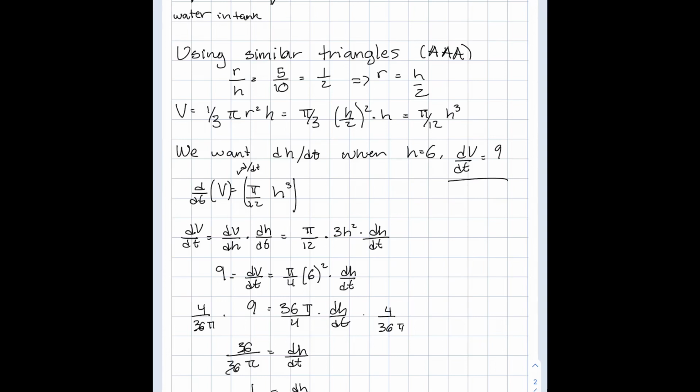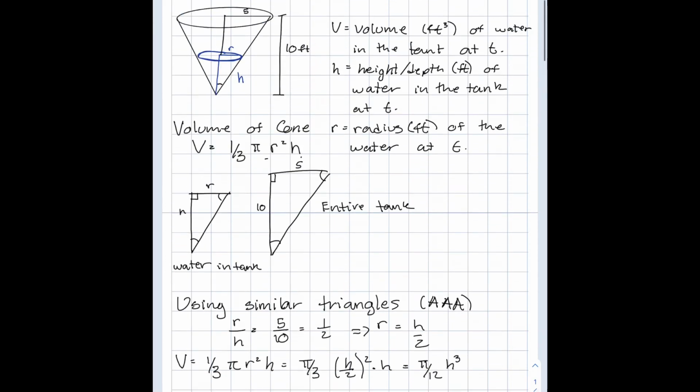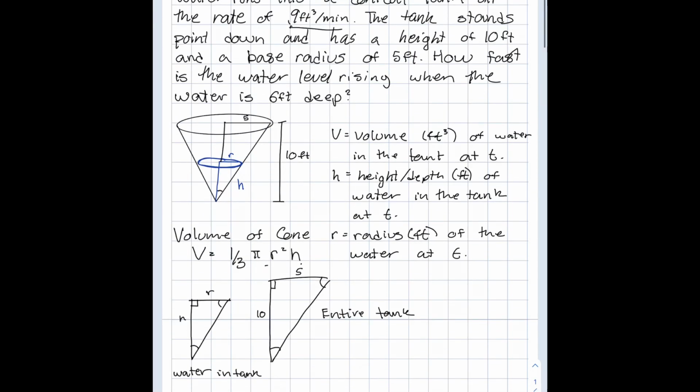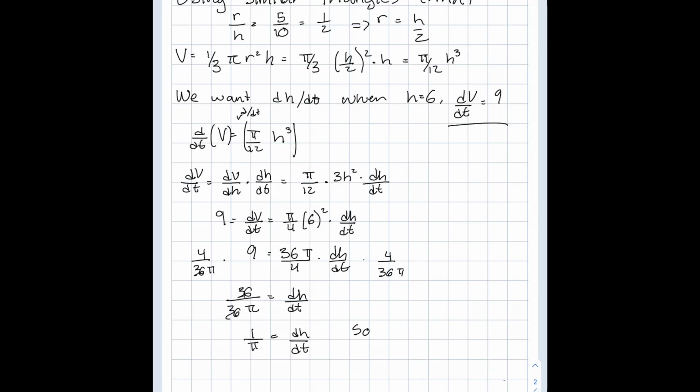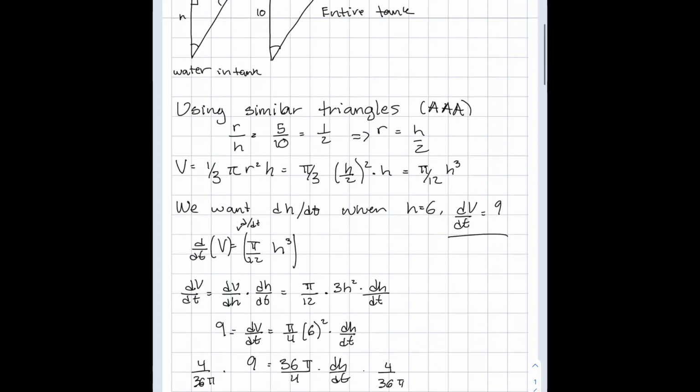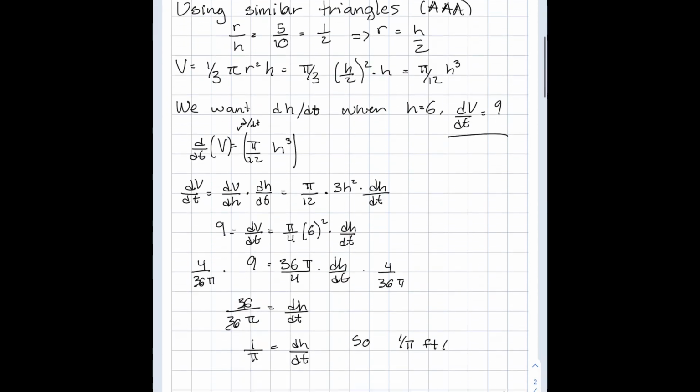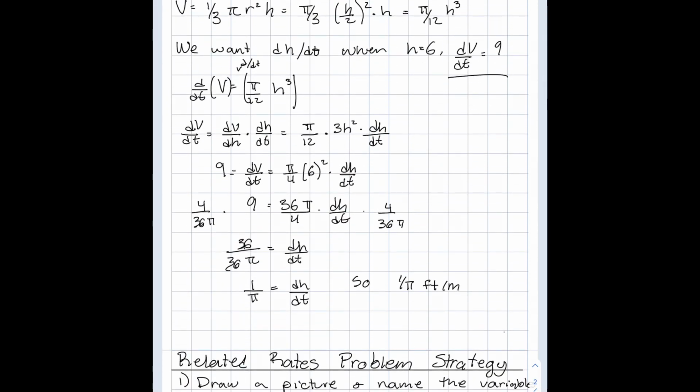So let me check my units. So how fast is the water level rising when the water is 6 feet deep? Water level is rising 1 over pi feet per minute. And that's our final answer.